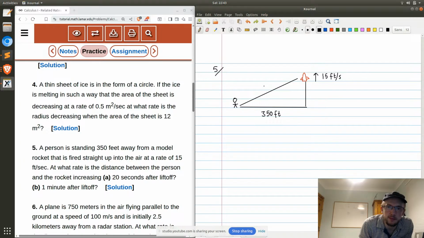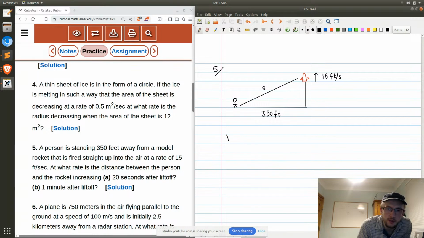And of course, it has a symbol D, which is of no service to anyone. So I'm just going to use S for displacement, something like that.